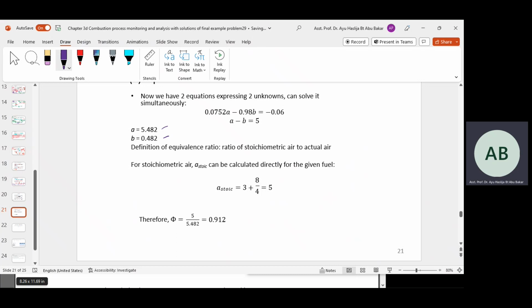This 5.482 is A actual. Find your A stoic from the equation, then your equivalence ratio, you will get around this figure, 0.912.